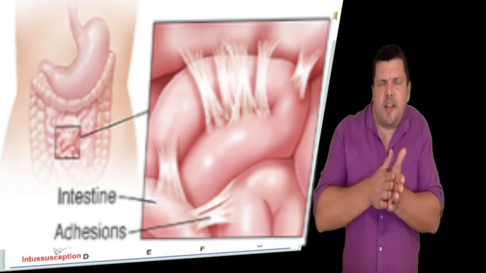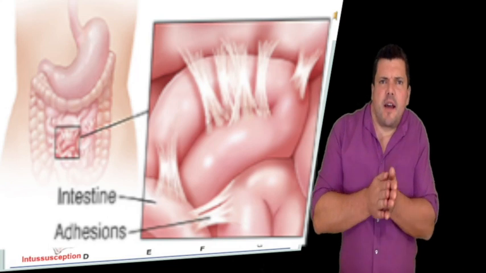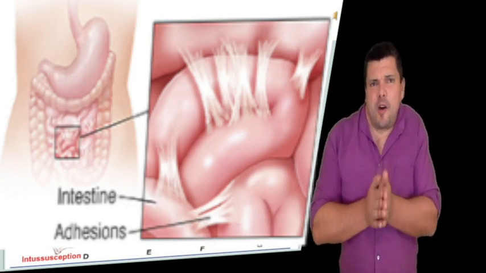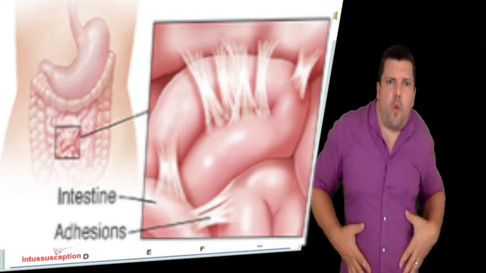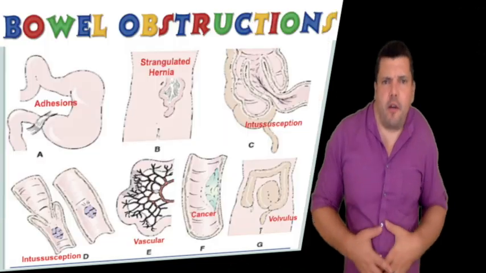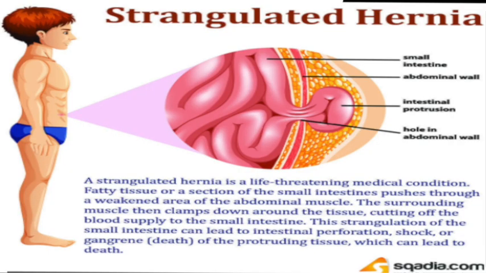And those collections, those fibrous bands of collagen and whatnot, can actually cause bowel obstructions based on where in the bowel they occur. A strangulated hernia occurs when a portion of the bowel pushes out, say, through the umbilicus, and then the rectus abdominis squeezes down on it such that it deprives the portion of the bowel that's sticking out proper blood flow.